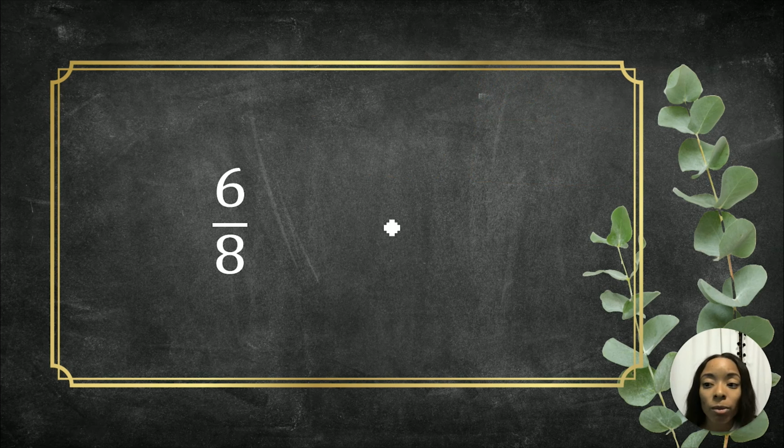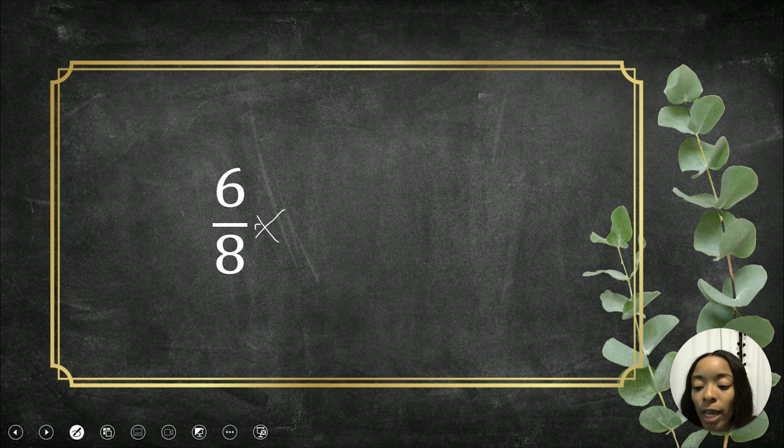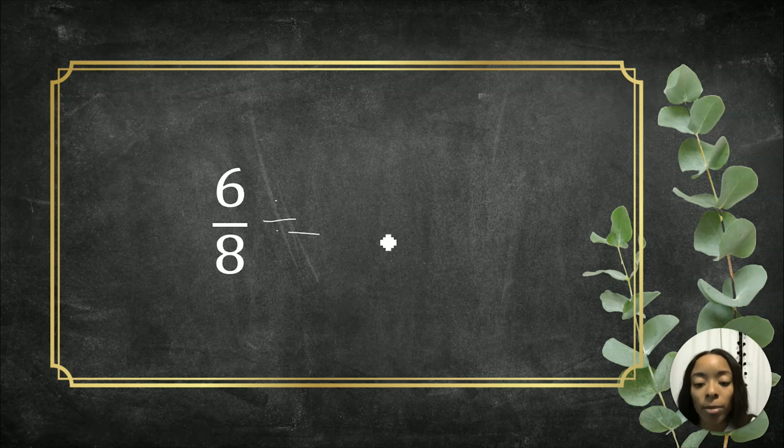So now we want to talk about the other way that we could generate an equivalent fraction. The same way that I would multiply my top and bottom number by the same number to generate an equivalent fraction, I can also, where possible, divide the top and bottom number by the same number.